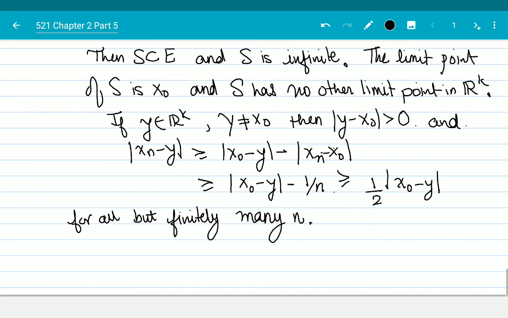Okay, so that means that y is not close to all but finitely many xn, and so it is not a limit point of E.